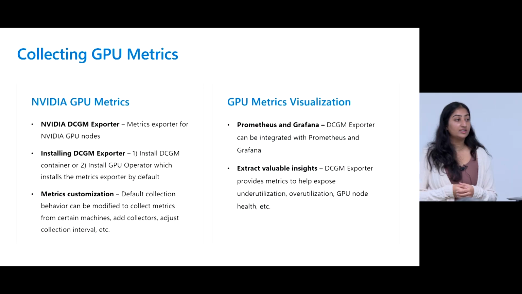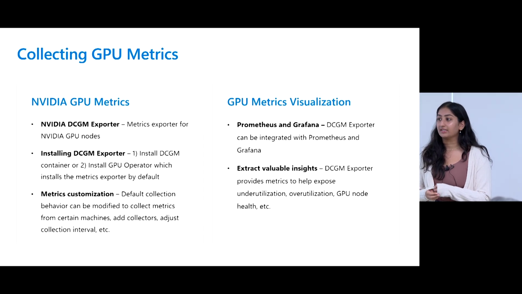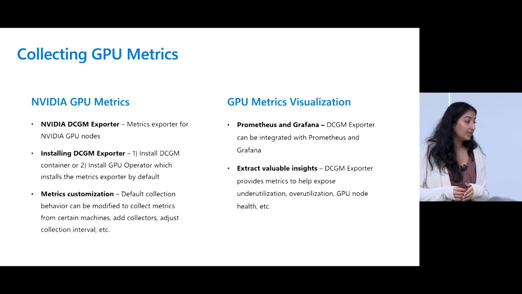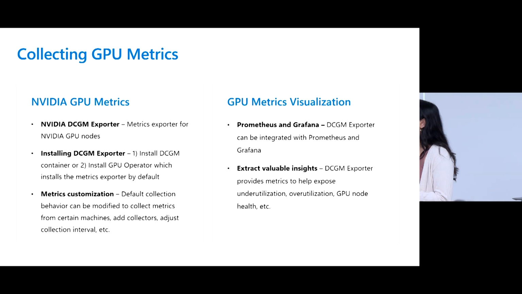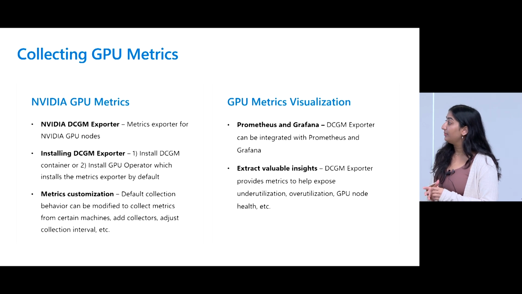So you also want to collect GPU metrics. And this is kind of following the three pillars that I mentioned previously. Using metrics, you can be better informed and then take actions accordingly. So by taking GPU metrics, using different tools that are offered for the specific SKUs that you have. So with NVIDIA SKUs specifically, you can use the DCGM exporter.